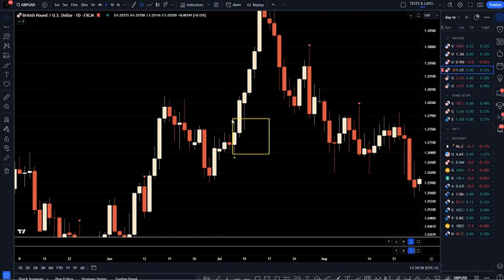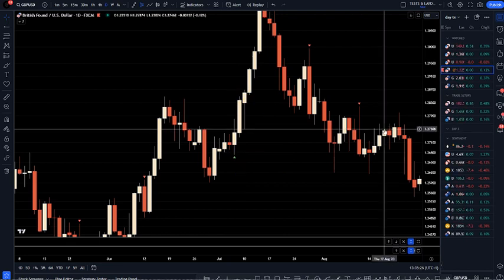If you knew there was an 80% probability that this was not going to move 1 times its range, you may look for changes in structure in here to then target back towards this low, because I know there's an 80% failure rate here and only a 20% success rate that we're going to reach 1 times its range. And this is how we start working with the statistics. Even when we have something that fails, we can flip that and now fade the overall idea.